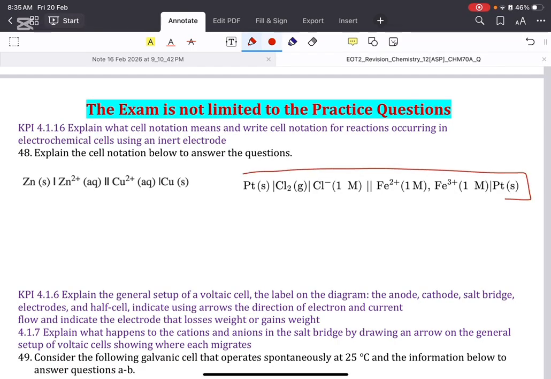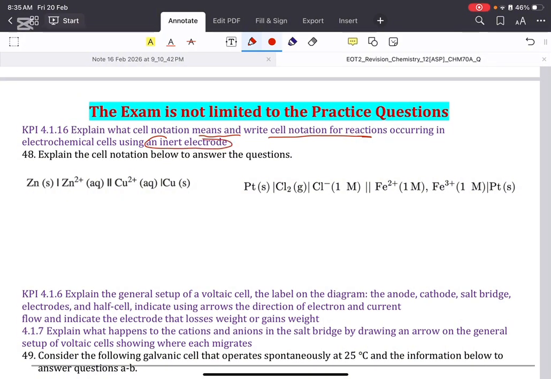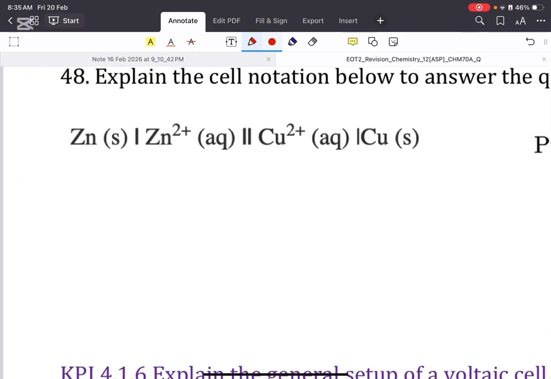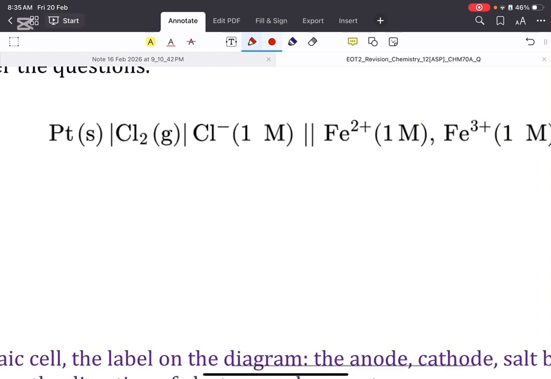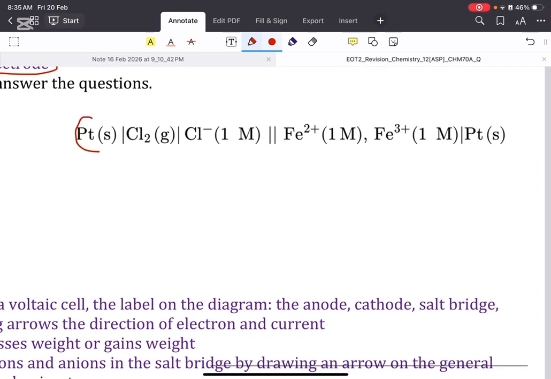Now I have added this one over here because the KPI also involves explaining what cell notation means and writing the cell notation for reactions occurring in electrochemical cells using an inert electrode. This cell notation doesn't use an inert electrode, but this one over here uses an inert electrode.